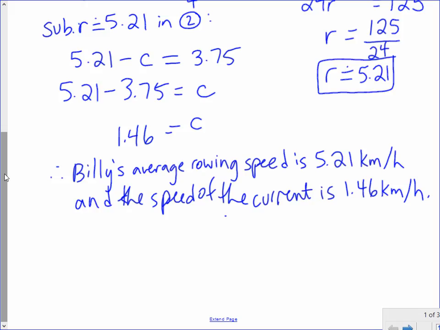And then 5.21 minus 1.46 is 3.75, which is exact. So in this case the numbers didn't work out perfectly. It doesn't always work out perfectly, so don't always think that's going to happen.